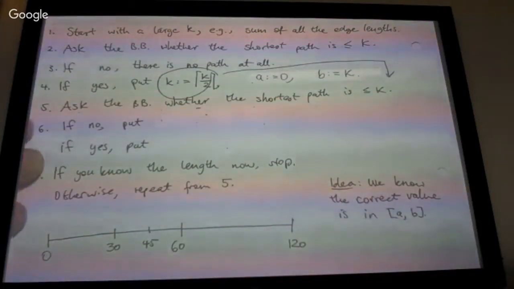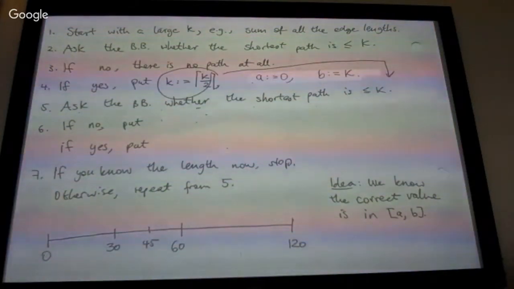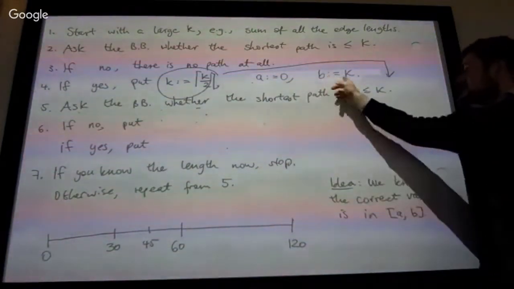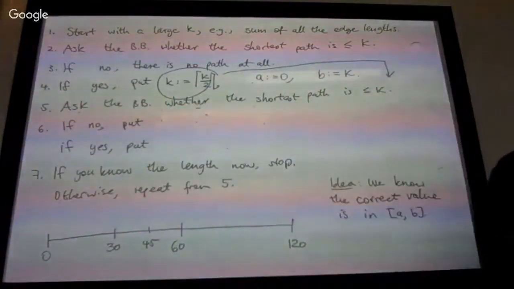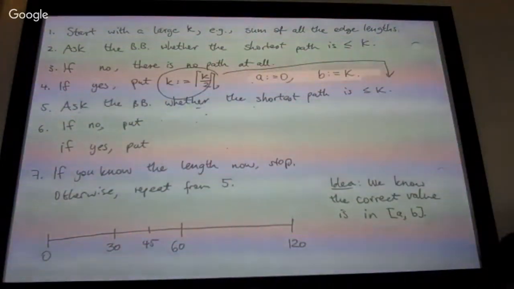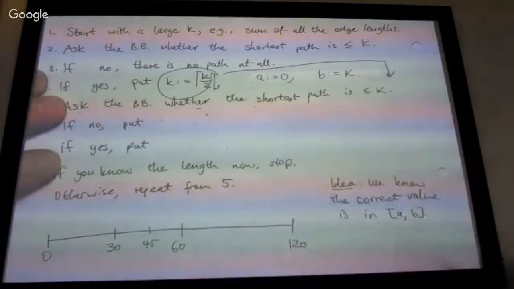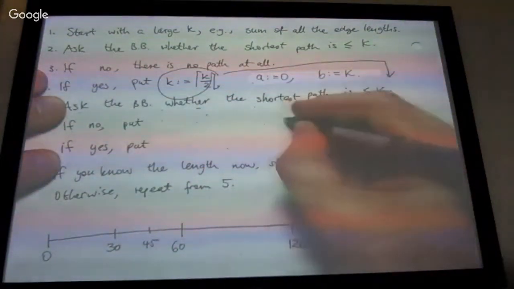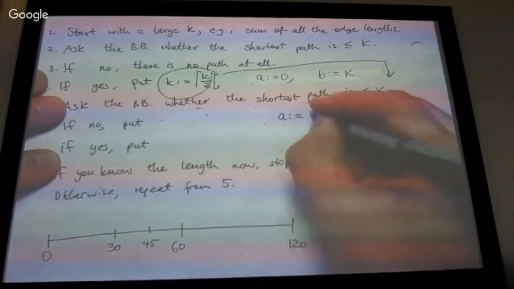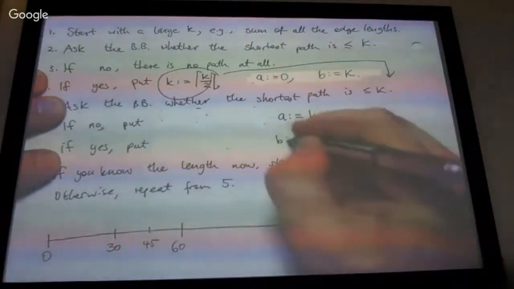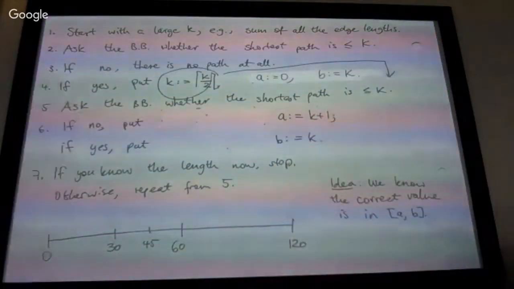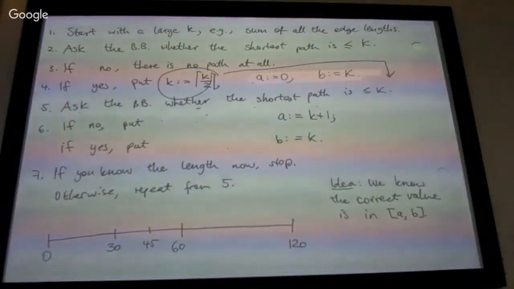K is right in the middle of that interval. So if no, then a is k plus 1. And if yes, then b will be k. And we still know that we're between a and b.